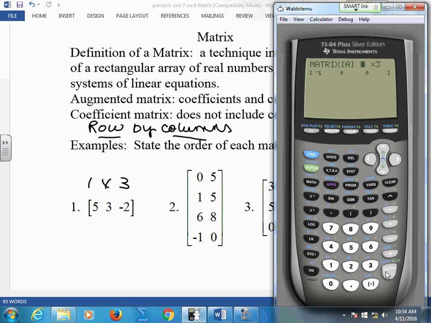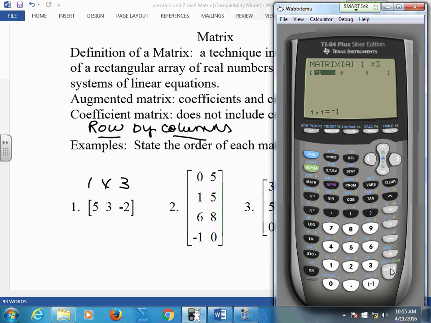Do I see 1 row across, 3 columns? So if you had this backwards, if you put this in 3 by 1 because you couldn't remember, is that the one you wanted it to look like? Therefore, just go back and make it be 1 by 3.